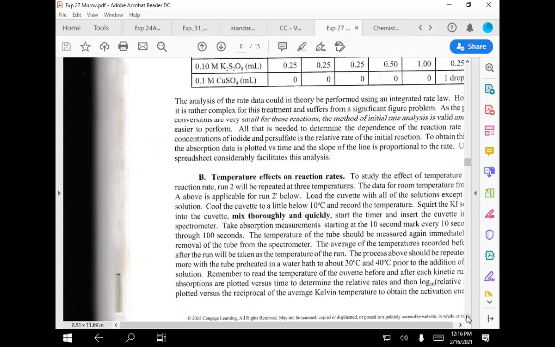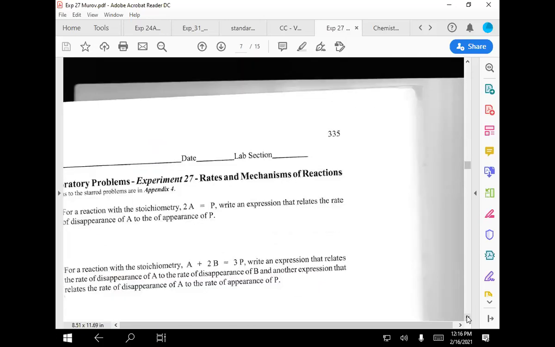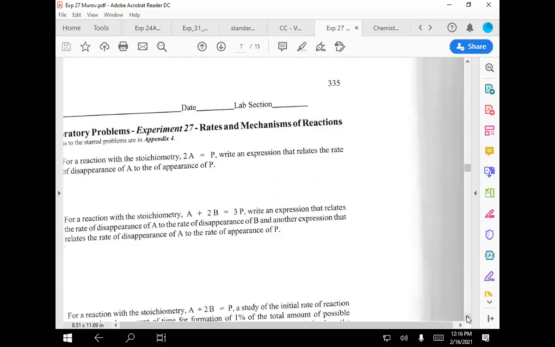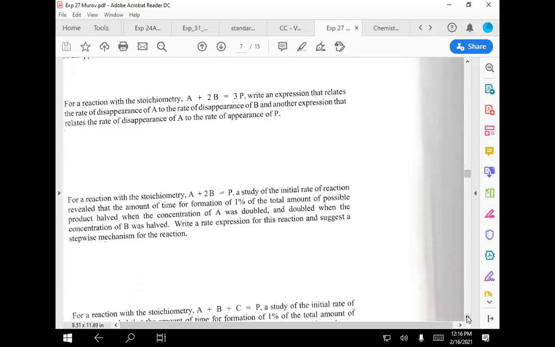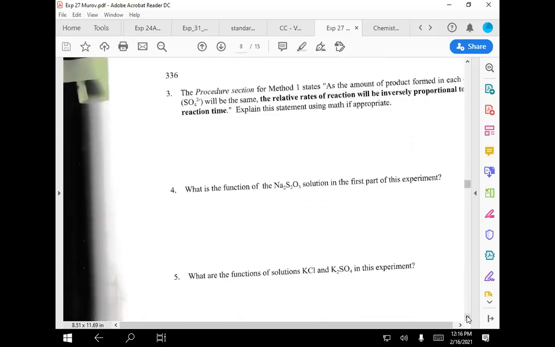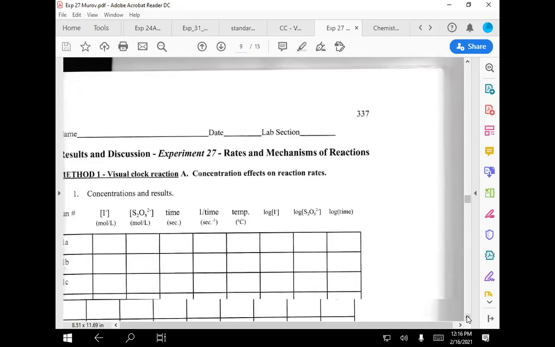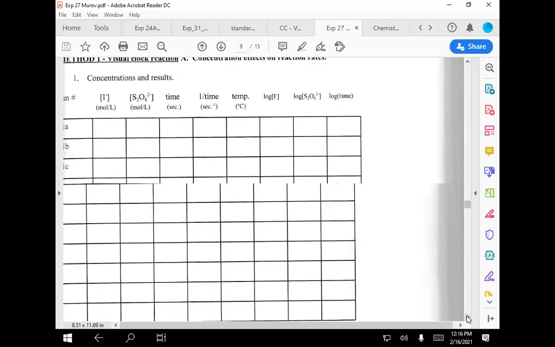So we're doing different temperatures, we're measuring the absorbance. Okay, so we already did the pre-lab. You do not need to do the pre-lab questions again, they're the same ones, they are done. You already turned this in, I'm in the process of grading it, taking a while.